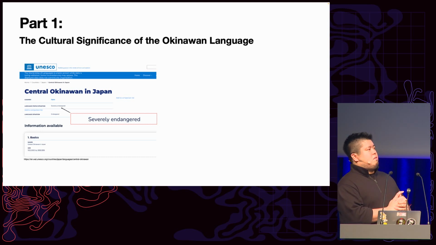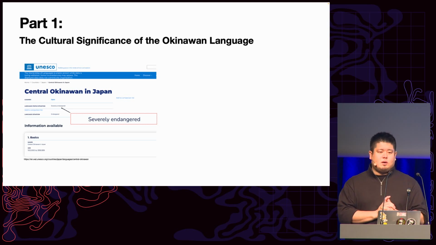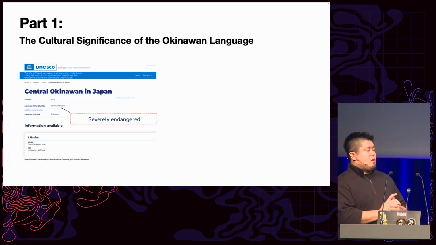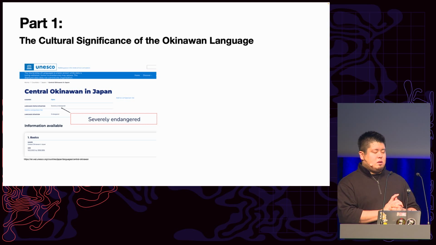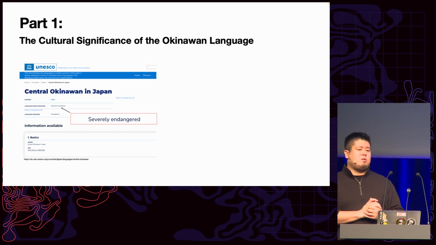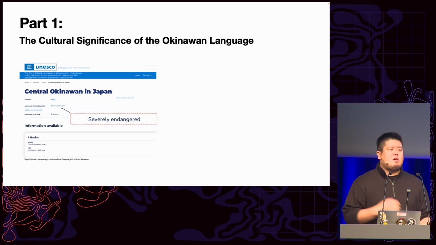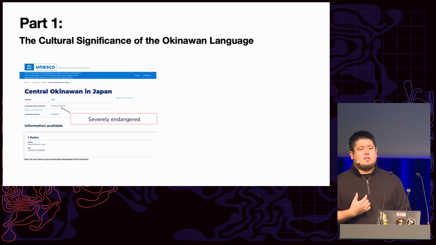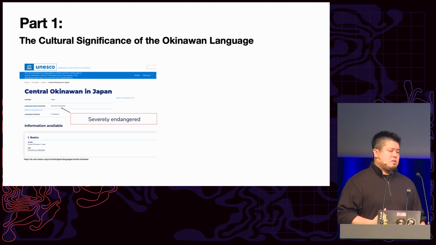In 1879, Japan officially annexed Okinawa, and Okinawa has been part of Japan ever since. Because of that, an assimilation policy has been put on the island, which means that if you spoke a language other than, let's say, Japanese, you would have to carry a little tag that says, "I spoke in the language of barbarians.